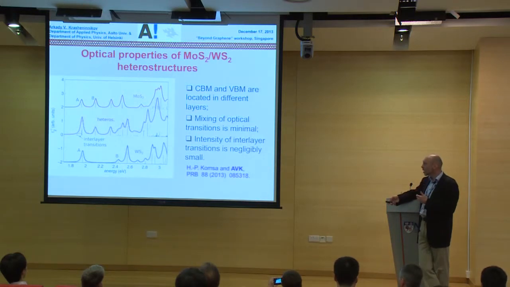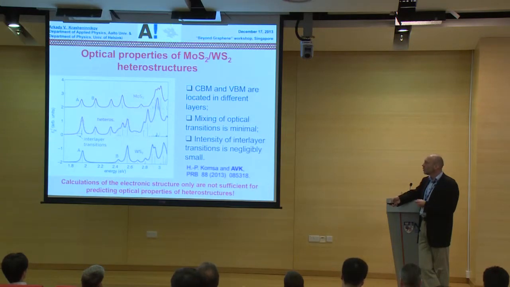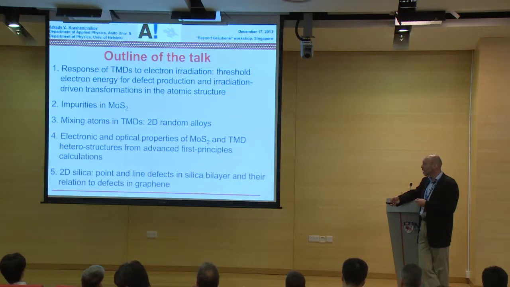The interlayer transitions are negligibly small. So this means that if you change the electronic structure, this doesn't mean that you also change optical properties. At least you should be careful when you predict that. Unfortunately, we couldn't do calculations for other materials due to computational limitations.